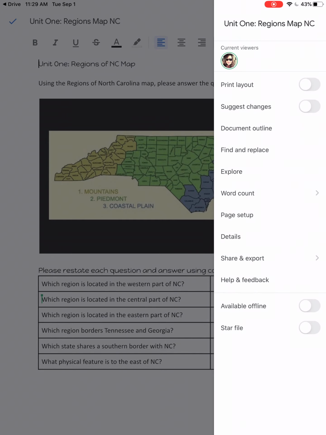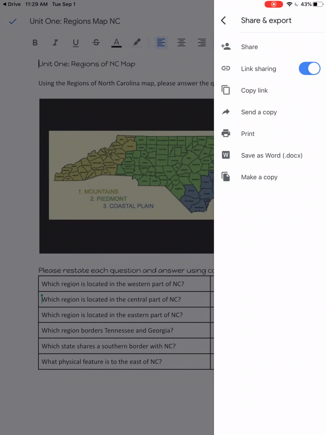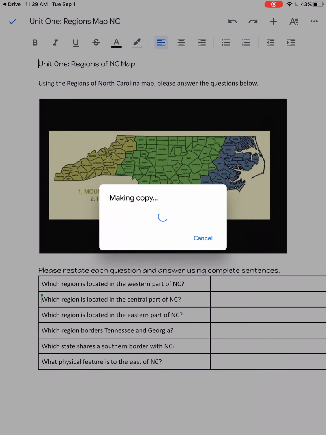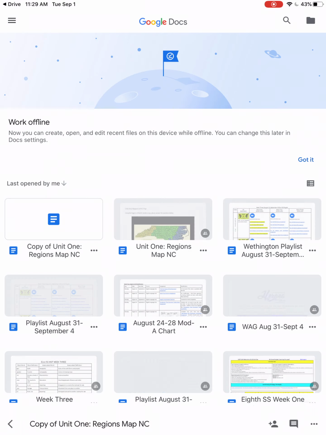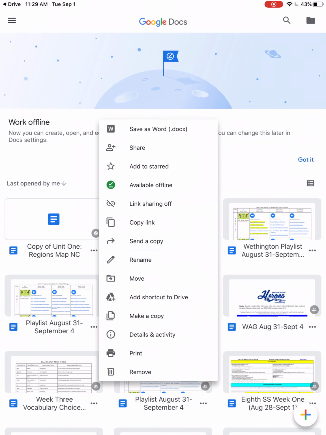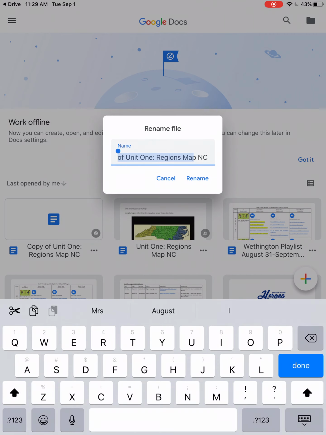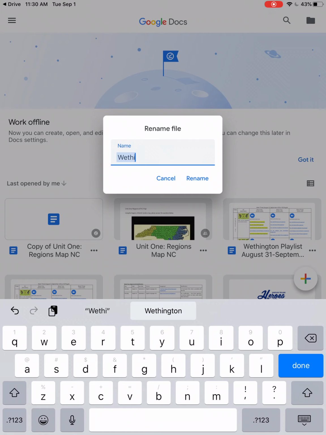You come up there to the three dots, click share and export, make a copy. Once you've made your copy, go back out, click rename. I'm just going to rename it the long way rather than try to get it to cooperate.